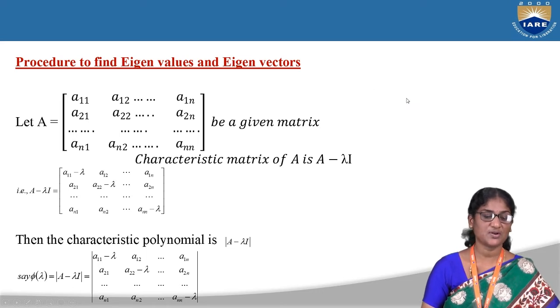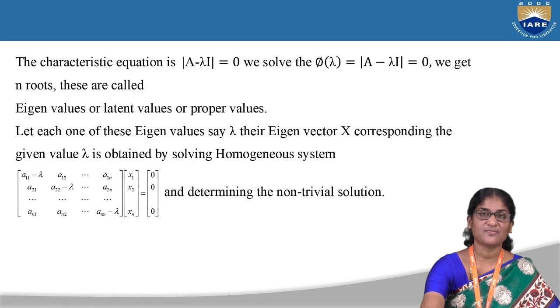Now we'll go with the procedure of finding out the eigenvectors. Let capital A be an n into n matrix. Then the characteristic equation is given by the determinant of A minus lambda I. Then you solve the determinant, and we'll get a polynomial equation in terms of lambda of degree n. Solving this, we'll get the values of lambda, which gives the eigenvalues. The characteristic equation is determinant of A minus lambda I equal to 0.